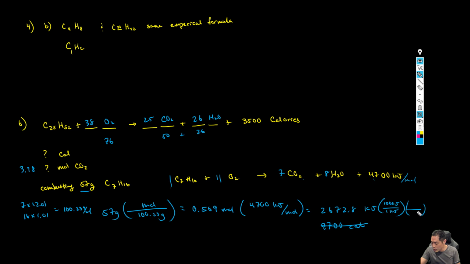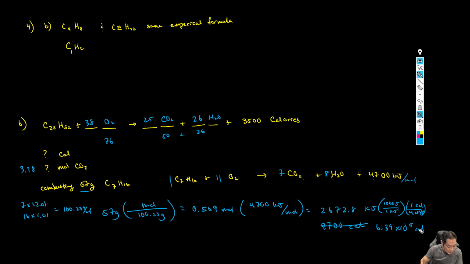Then I need to get rid of joules, so 4.184 joules per 1 calorie. So then I'm going to simplify this. So 27 times 1,000 divided by 4.184, and I get about 6.39 times 10 to the 5 calories.